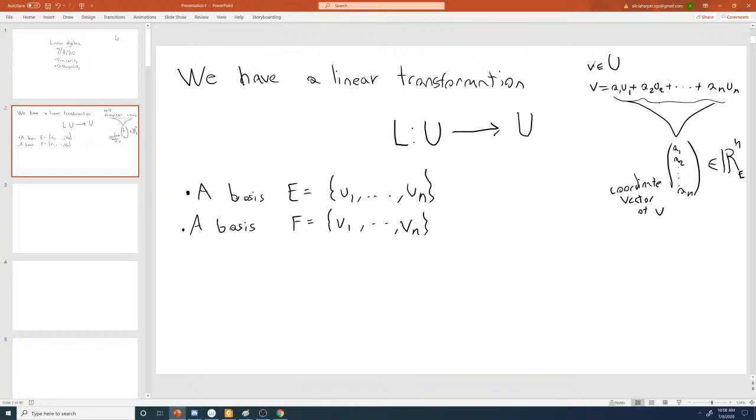So when we use coordinate vectors, we can take our linear transformation L and understand it as a matrix on coordinate vectors.